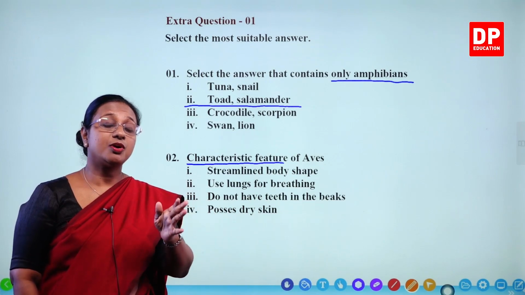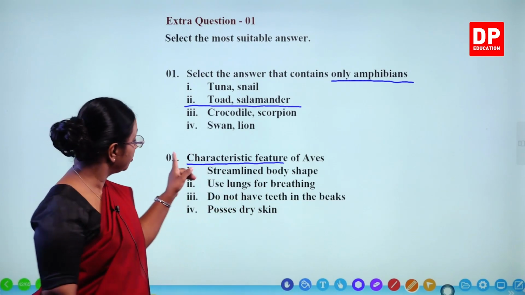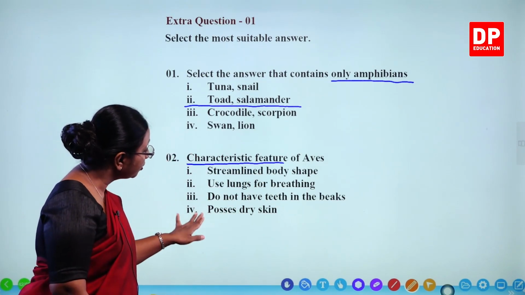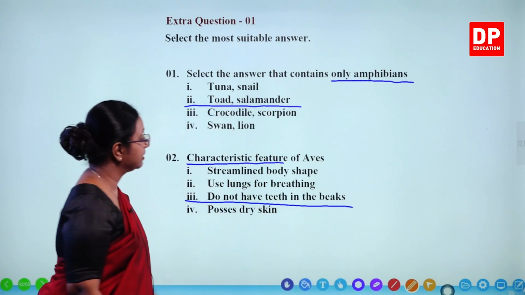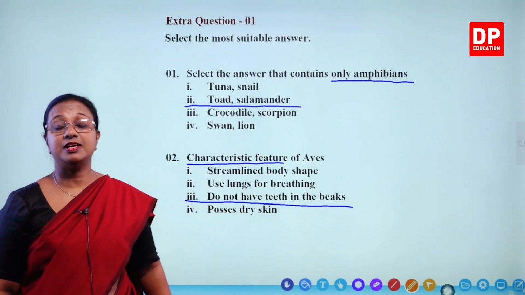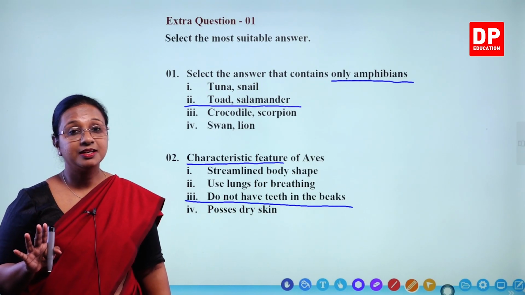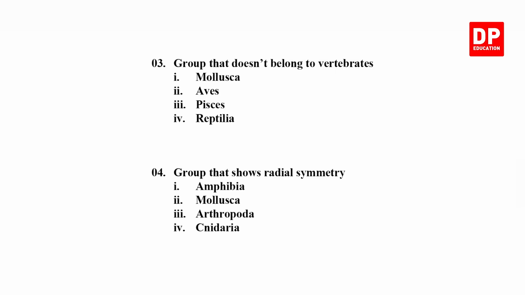But the reptiles also have dry skin. So, then that is also not a characteristic feature of aves. So, out of these 4, do not have teeth in the beaks is the characteristic feature of aves. Do you all understand that? Okay. So, the next one.